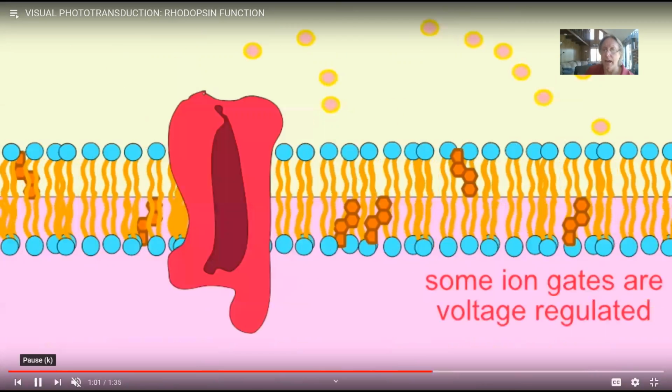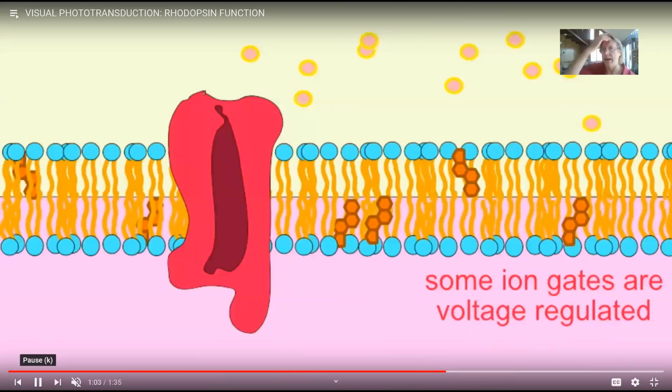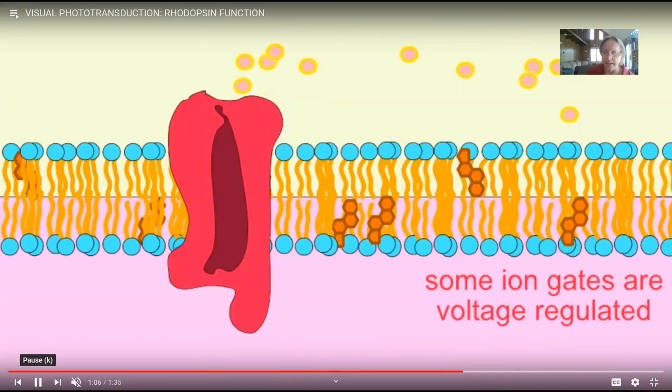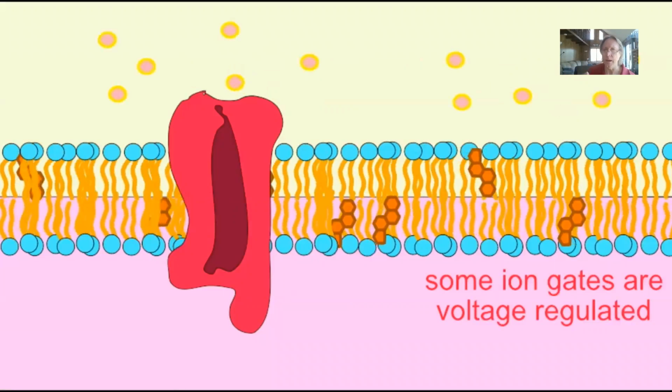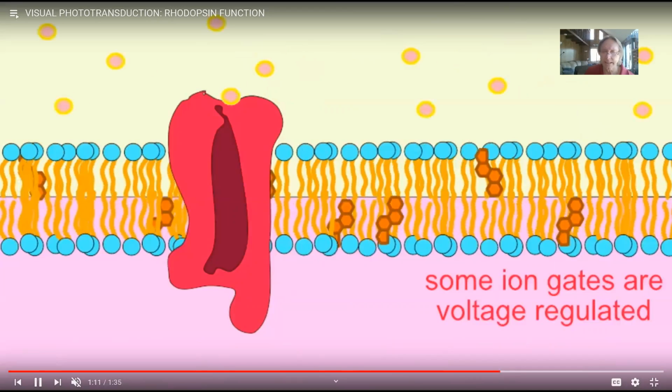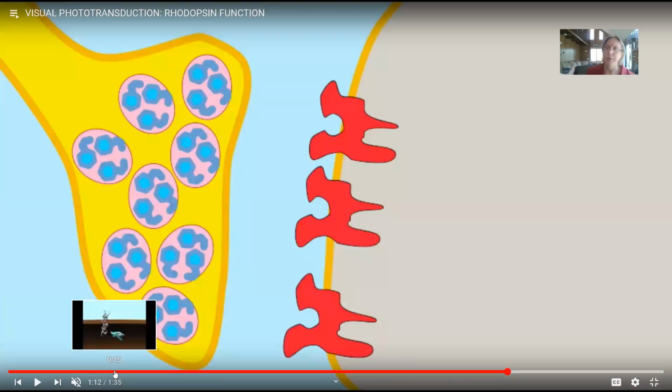So when cyclic GMP changes, then that changes these ion channels. Cyclic GMP will open the channels and let sodium come in, but now that cyclic GMP has changed, the ion channels close.